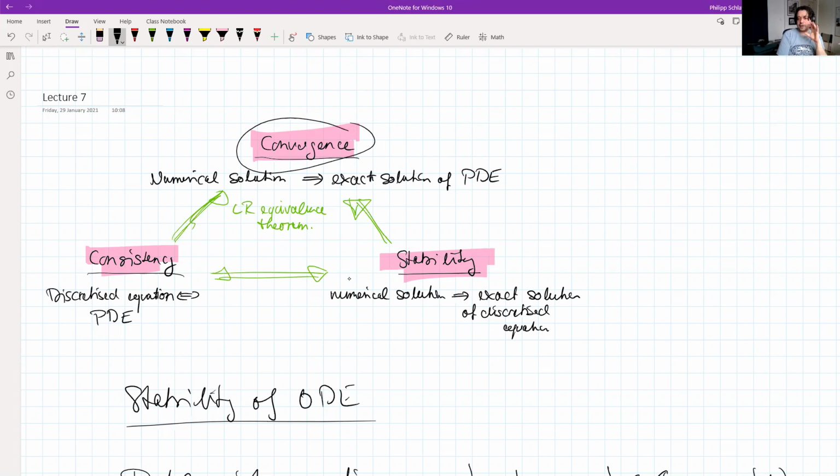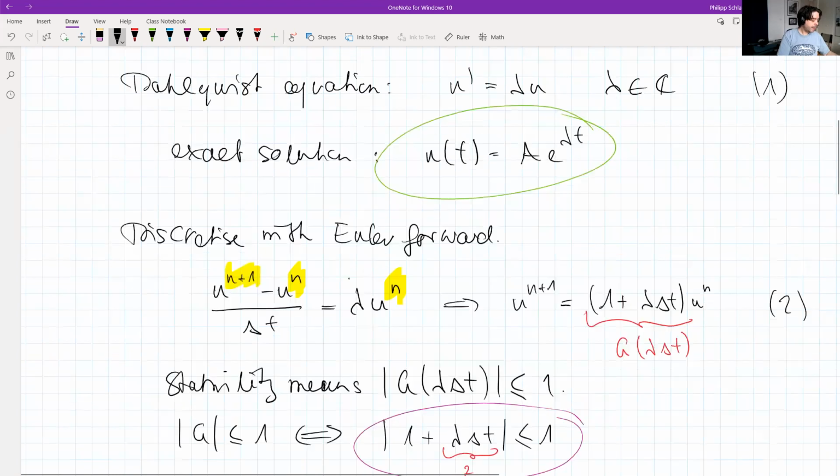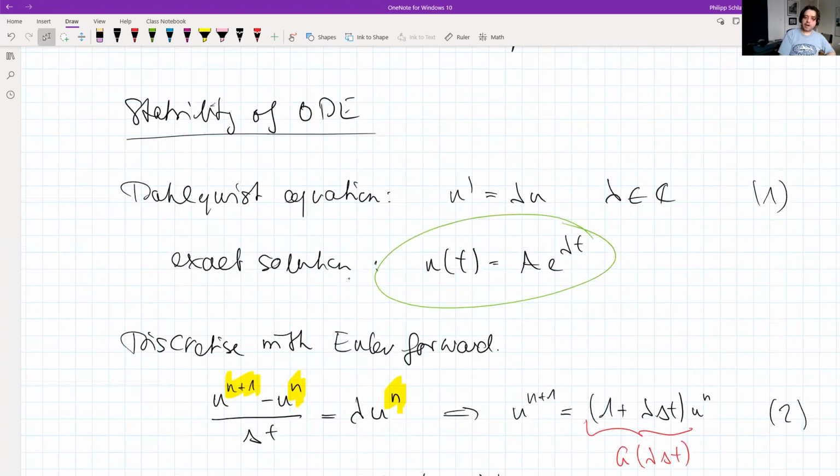Therefore, one needs to be a little bit careful with choosing too large time steps in doing a simulation. Even if the simulation doesn't blow up, it doesn't necessarily mean that it's a good solution. Of course, if the simulation blows up, then you know it's a bad solution. But not blowing up does not mean that you have no errors in the solution. Okay. Do you have any questions on this stability of an ODE?